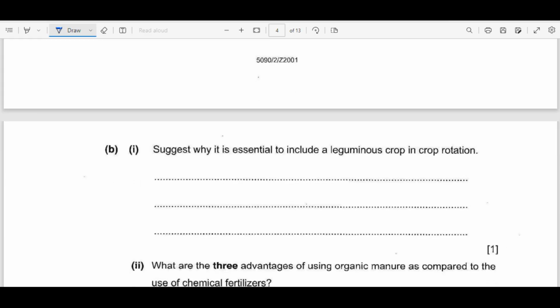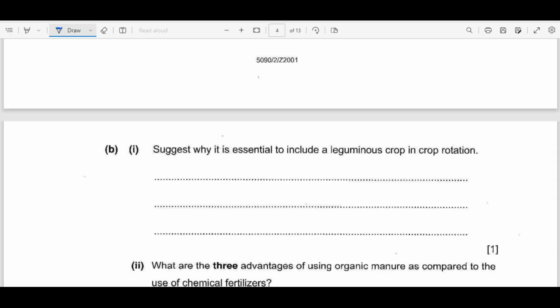Then we move on to B1. Suggest why it is essential to include a leguminous crop in crop rotation. So crop rotation is just an activity that involves changing of crops every year. For example, if this year you plant maize, then next year you need to change.